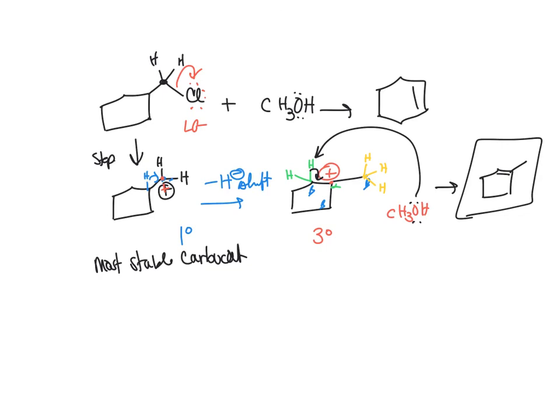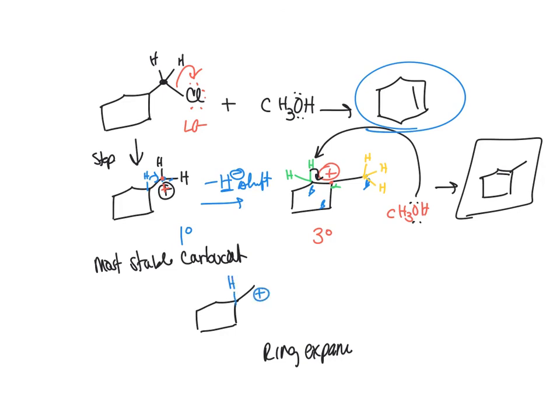You can also get a carbocation shift, and you might see something like this. And you'll see these for like ring expansion. And so if you see, oh, it shows you this. Okay, so that's a hydride shift. You can also get a methyl shift.